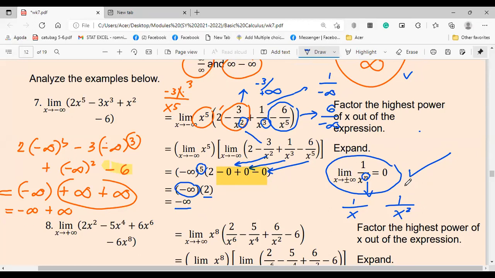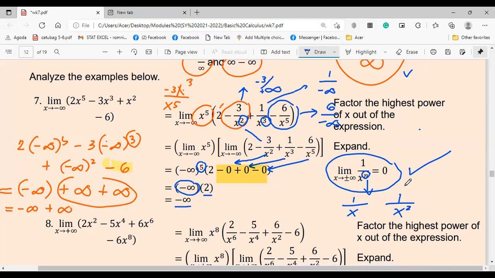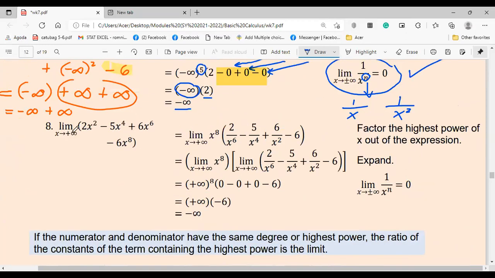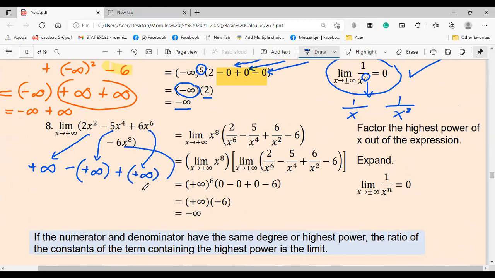What about in number 8? In number 8, by inspection, we can inspect again here. Squaring the positive infinity is still positive infinity, and the negative raised to 4 is still positive. Next, plus, that is obviously positive. What about this? Minus a positive.